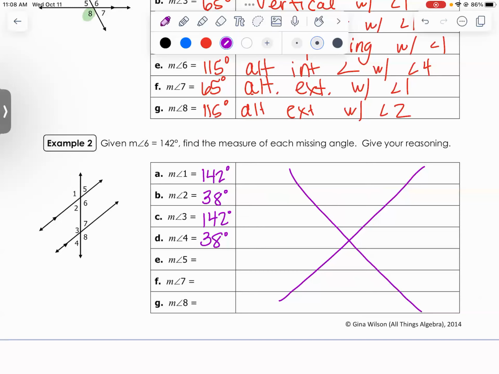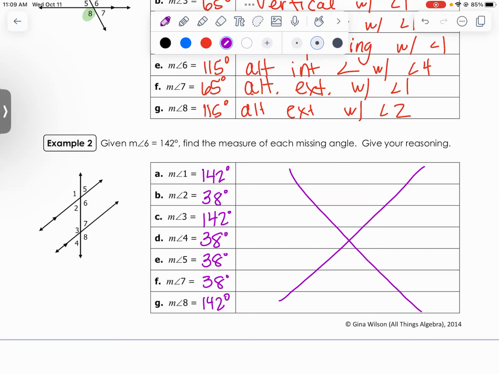Angle 5, Alex. Angle 7, Harvey. And angle 8, Alexa. Are we in agreement here?